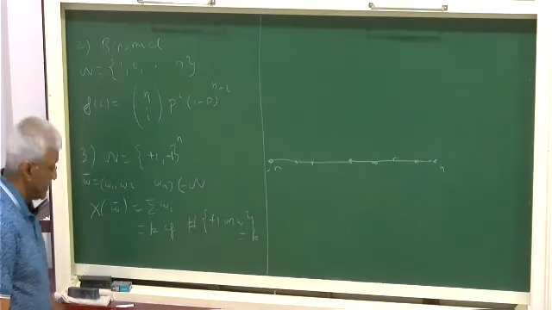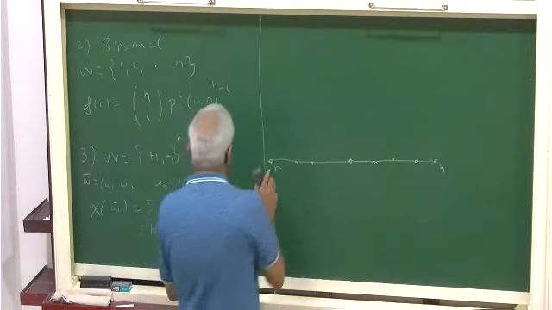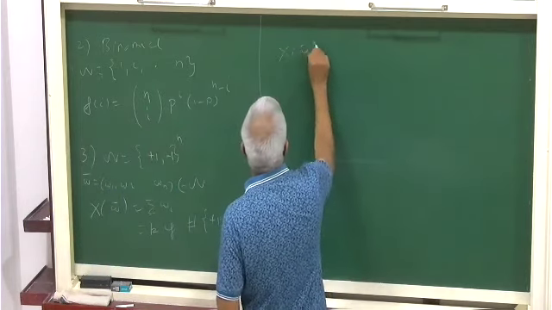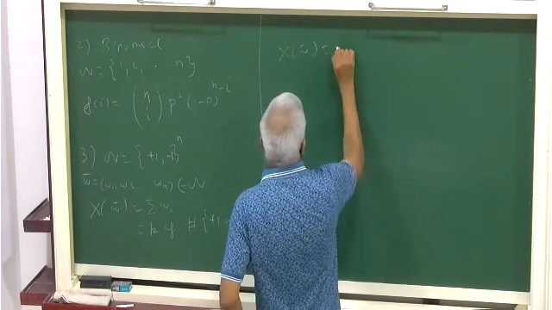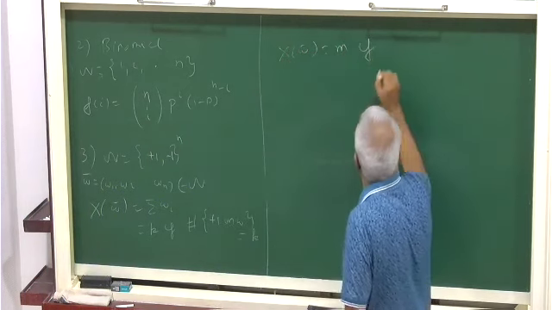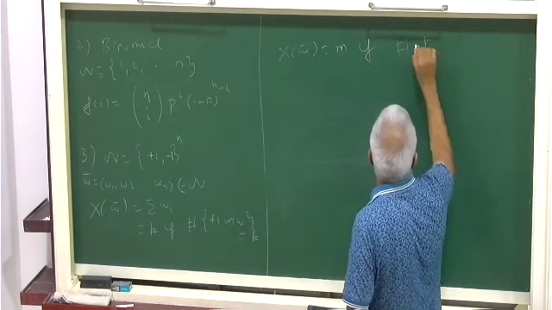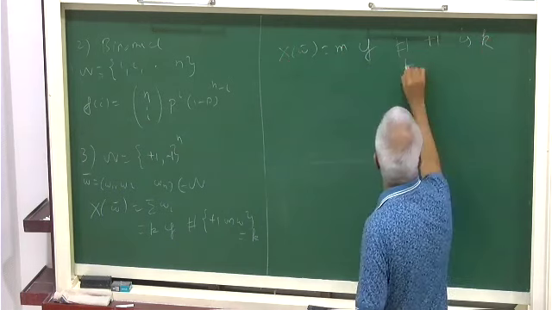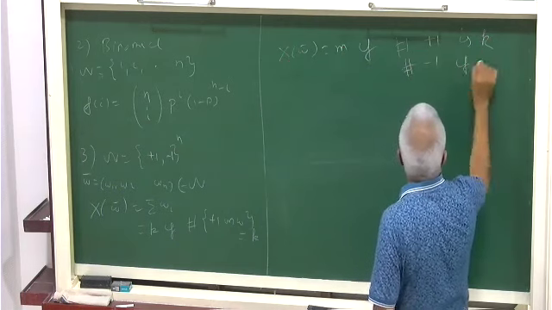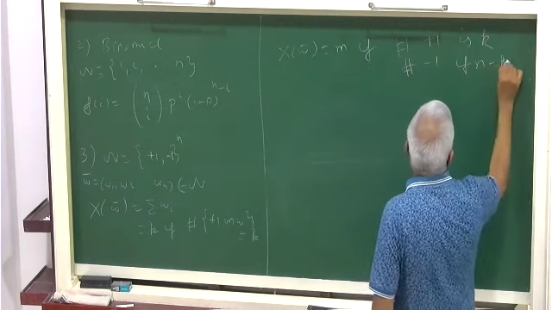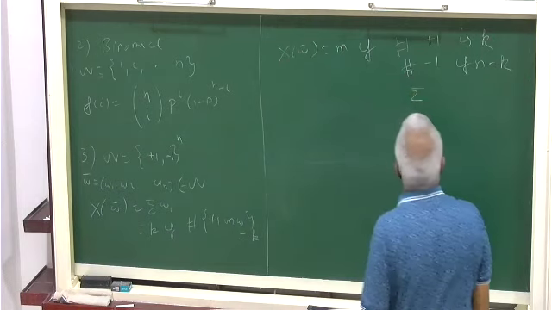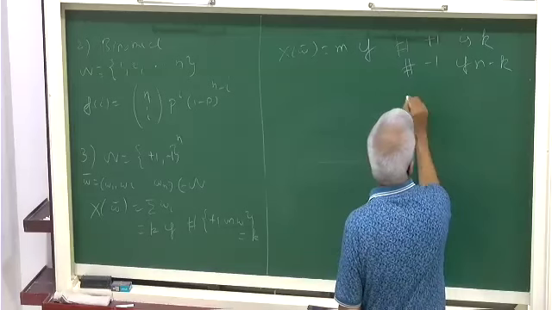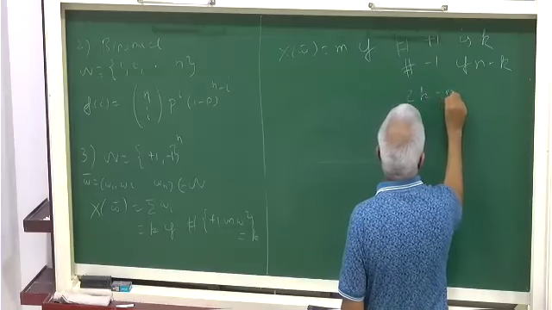And then what is X? X of omega bar equals m if the number of +1 is k and the number of -1 is n minus k. So if you add those, the difference is 2k minus n, which should be equal to m.